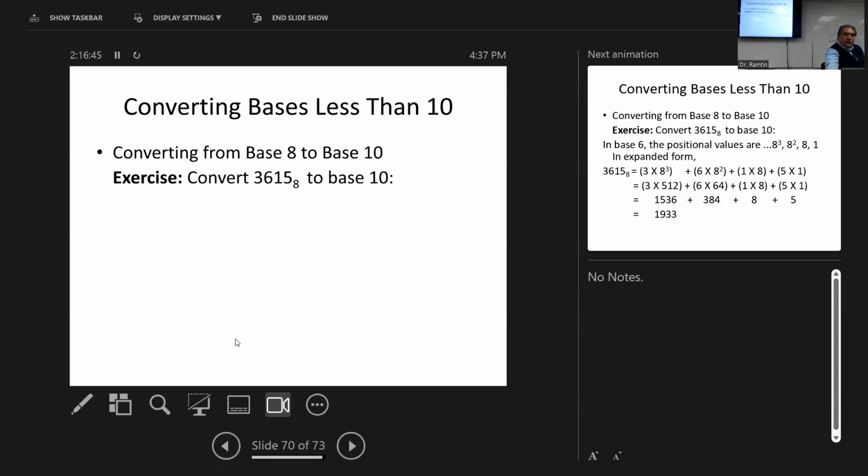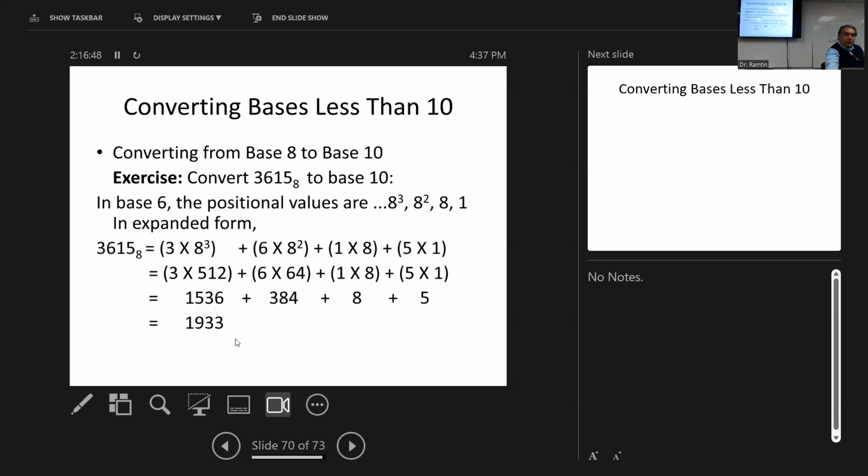Let's say you want to convert from base 8 to base 10. Again, the same method. We have the number 3,615, but base 8. We want to know what that would be in our base system, base 10. So just separate those digits 3, 6, 1, and 5, as you can see there. Put parentheses, plus sign, parentheses, plus sign.